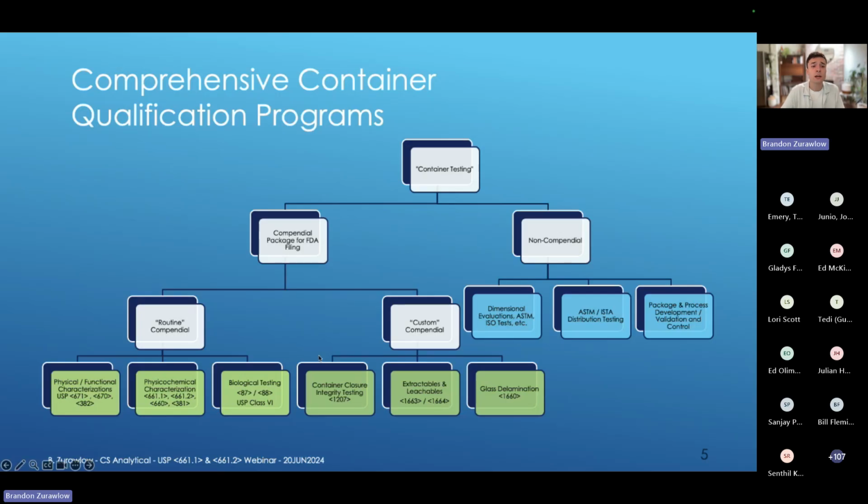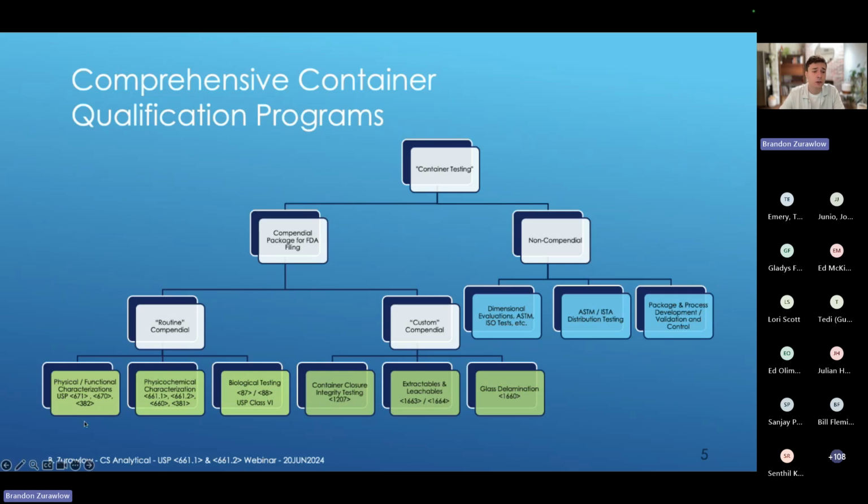Within the context of the compendial chapters, and in this case, we're exclusively focusing on USP, although, for example, the EP in the EU would be a direct corollary, there are different types of chapters that address different elements of different types of materials and components.